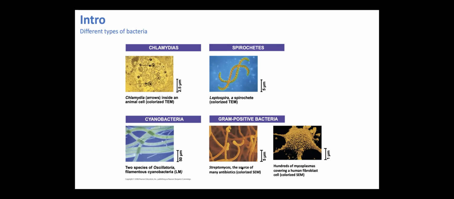Cyanobacteria, shown in green, are easy to assume: they make their energy by photosynthesis. And gram-positive bacteria are the main thing we're going to talk about, so let's talk about it later.